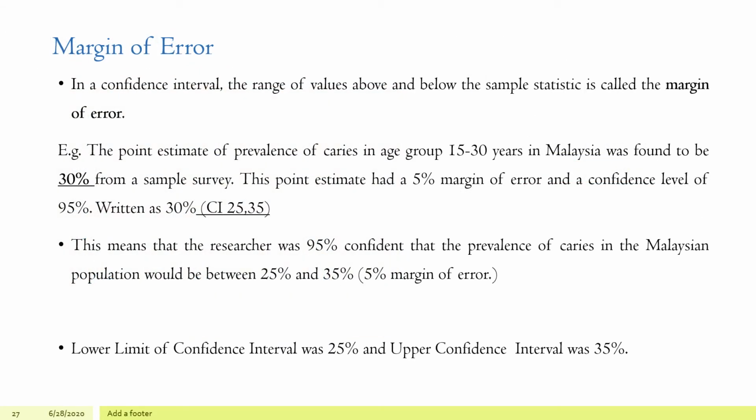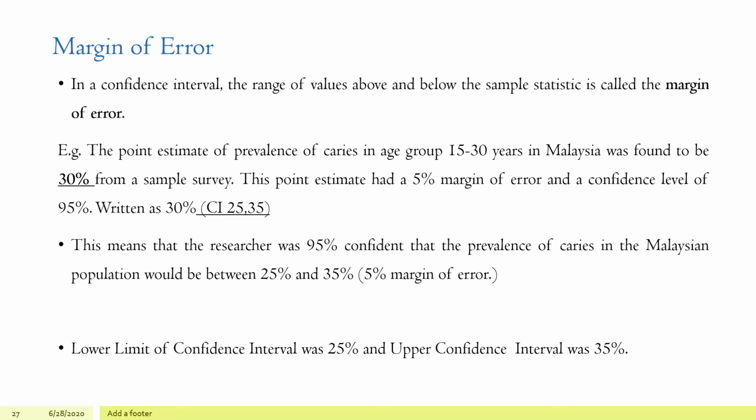Coming to margin of error, in confidence interval, the range of values above and below the sample statistic is called margin of error. Example, the point estimate of the prevalence of caries in the age group 15 to 30 years in Malaysia was found to be 30% from the sample survey. This point estimate had a 5% margin of error and confidence level of 95%.